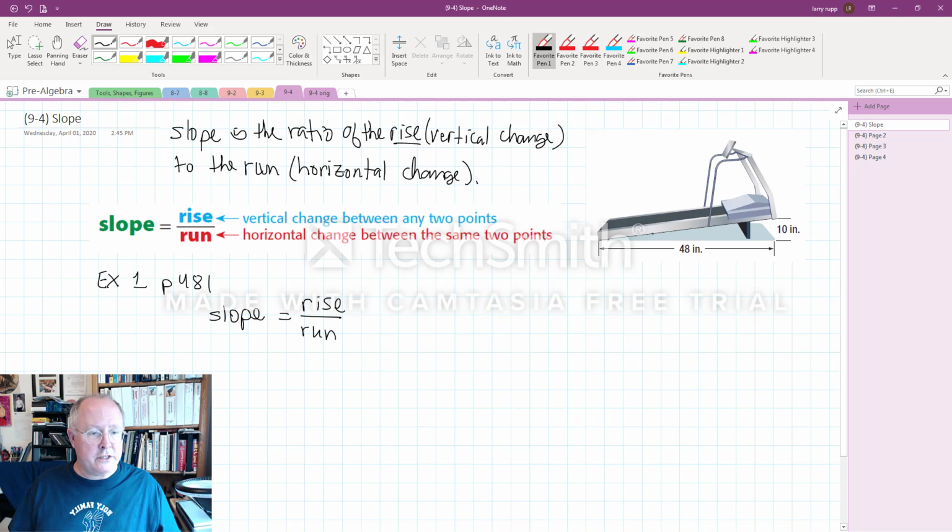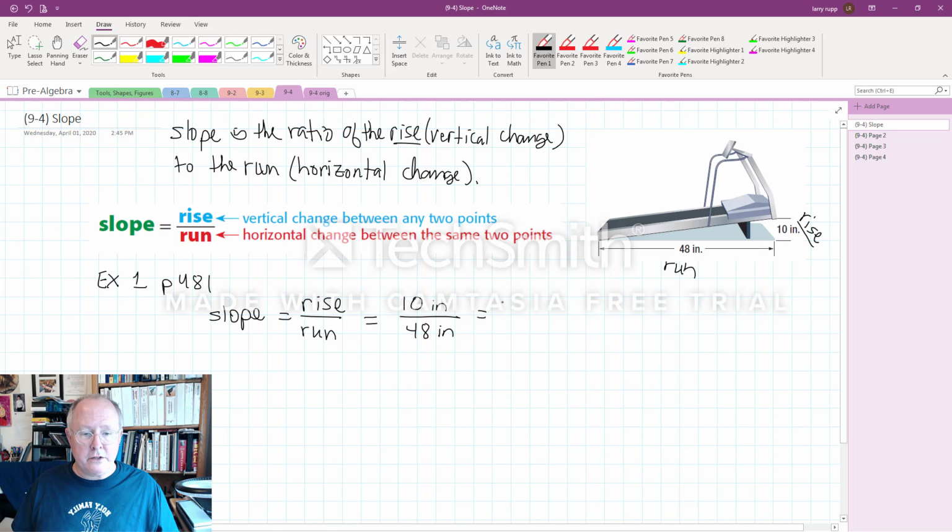Well, let's see. This 10 inches right here, this is the rise. The 48 inches right here, this is the run. So we just plug these in. The rise is 10 inches over the run, which is 48 inches.